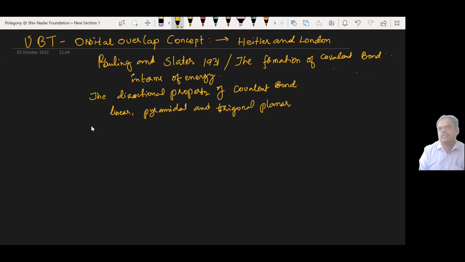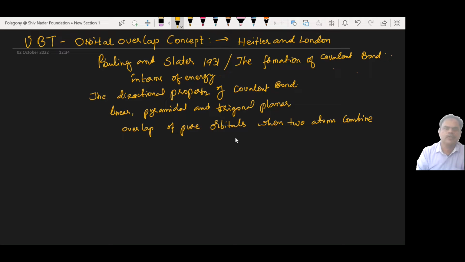The orbital overlap concept purely focuses on the overlap of pure orbitals when two atoms combine. So how do these orbitals overlap?